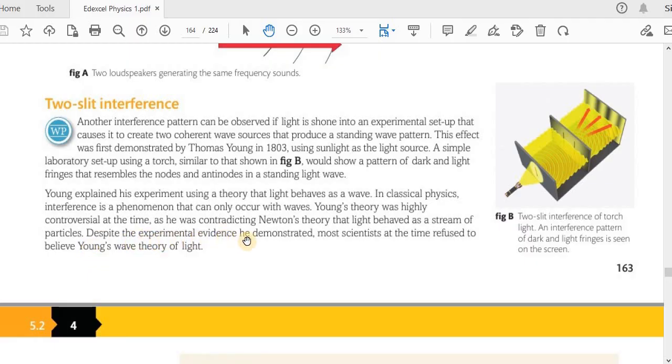Despite the experimental evidence he demonstrated, most scientists at that time refused to believe Young's wave theory of light, because waves can have interference, like you see here. So this showed the wave behavior of light. See, in classical physics, interference is a phenomenon that can only occur with waves. Two slits interference of torchlight and interference pattern of dark and light fringes is seen on the screen.